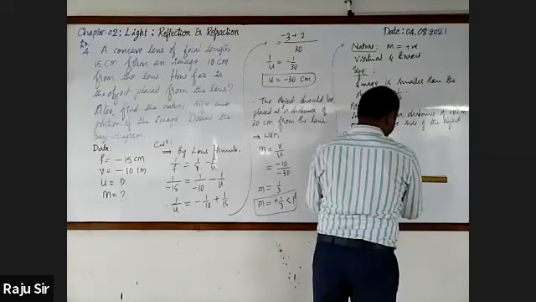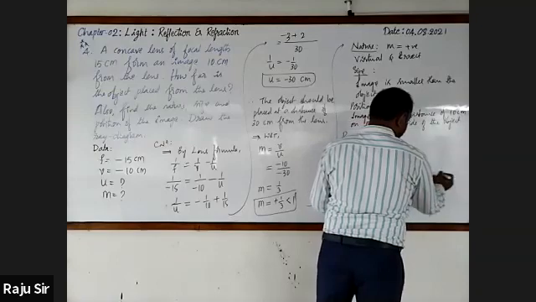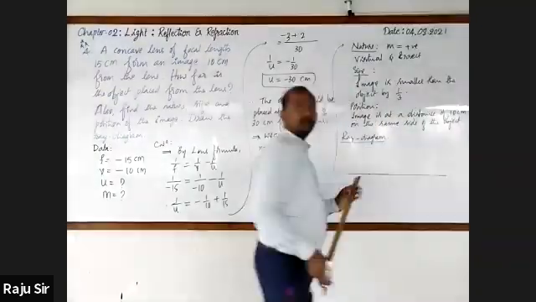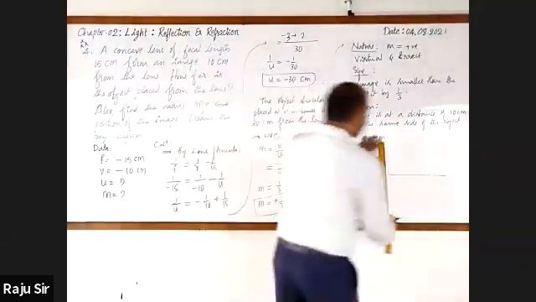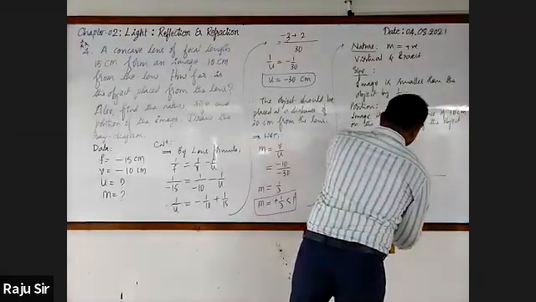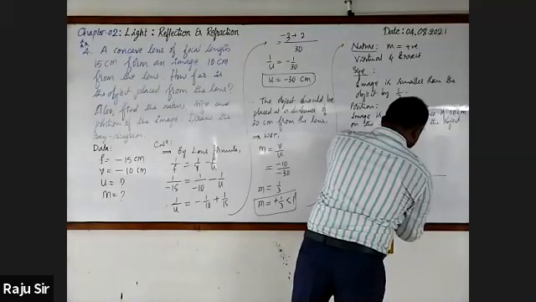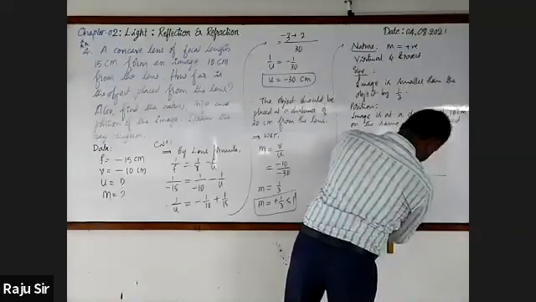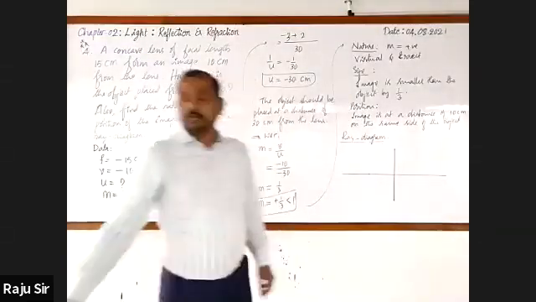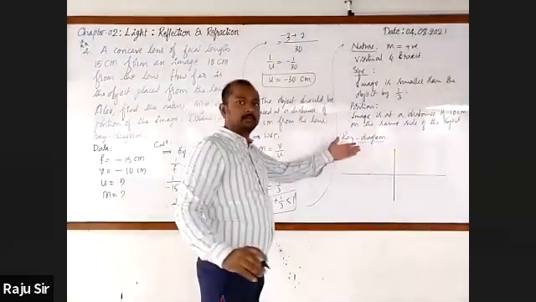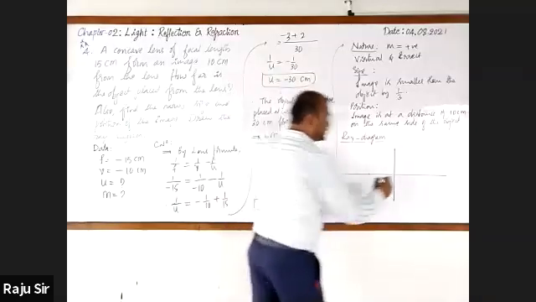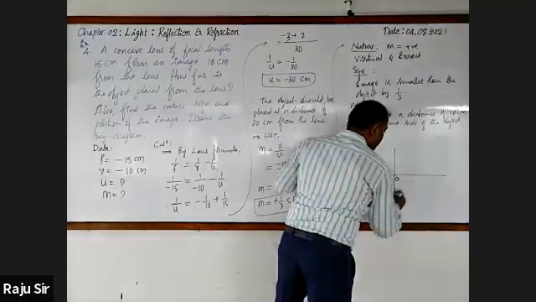Here 2, 4, and 8. At the middle, draw a perpendicular, which represents the aperture. Let it be 4 centimeter, 2 centimeter above the principal axis and 2 centimeter below the principal axis. And go on marking the terms.